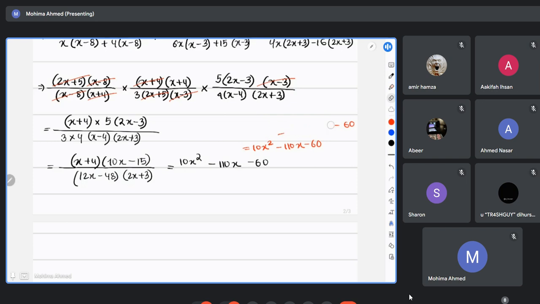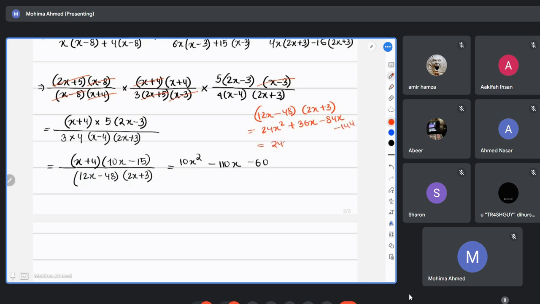And then similar calculation has to be done for your denominator also, where you have 12 times 48 and 2x plus 3. So you're going to get 12 into 2 is 24x squared, 12 into 3 is 36, plus 36x, 48 into 2 is 84, and 48 into 3 is 144, minus 144.